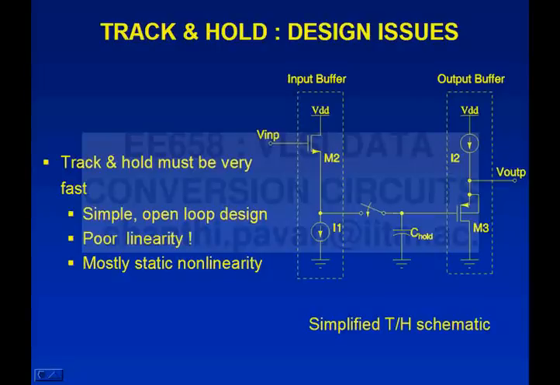So an op-amp based track and hold, for example the flip-around type track and hold with an op-amp, you use an ideal op-amp, but even if you use a real op-amp, you'll find that it's quite straightforward to get distortion of low order for reasonable swings. You find that it's not too difficult to get 10 to 12 bit linearity, right? So it just boils down to designing an op-amp with adequate gain.